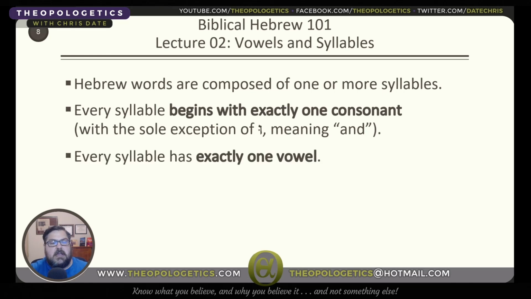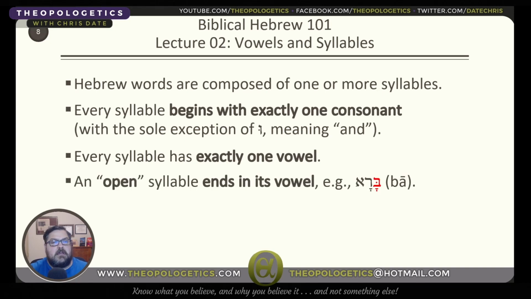Every syllable has exactly one vowel. And that's usually not the vowel with which the word starts. So u is exactly the one vowel, but usually the consonant that a word begins with, or that a syllable begins with, is not a vowel, but it can be. And then an open syllable ends in its vowel.